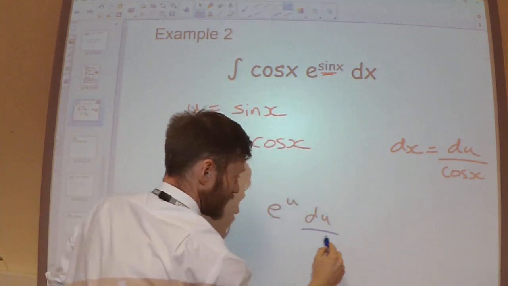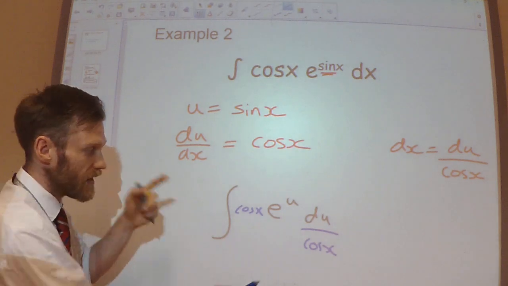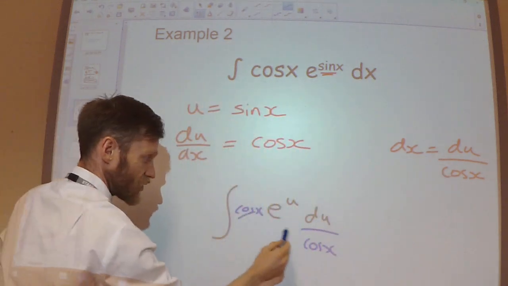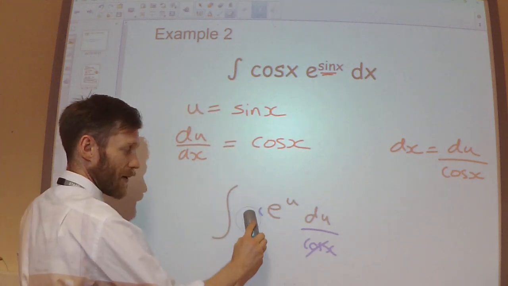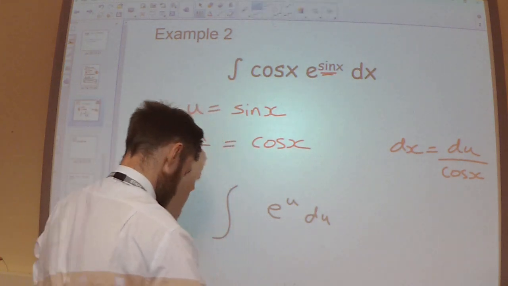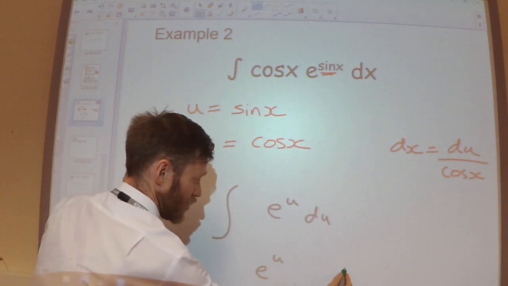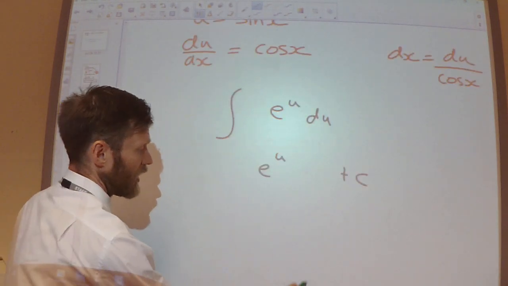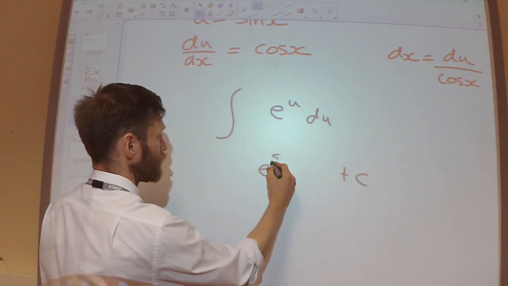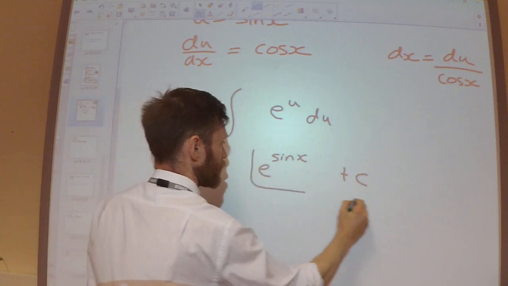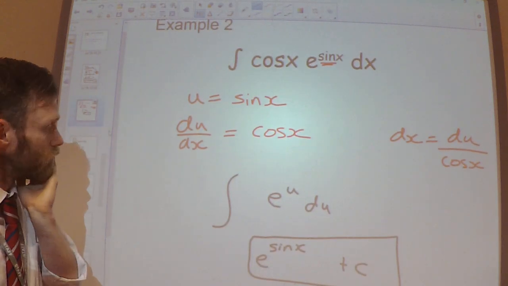The cos x that I had down here and the cos x I had here at the front have cancelled out, they're gone, which is why the integration by substitution technique is so powerful. Because now I know this integrates to just be e to the power u, and I know that u is sine x. So there we go.